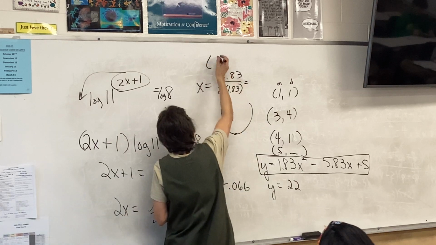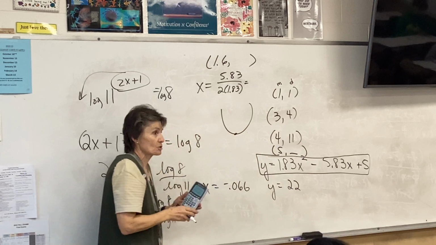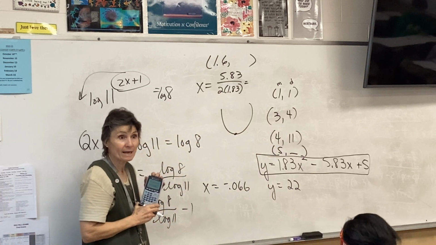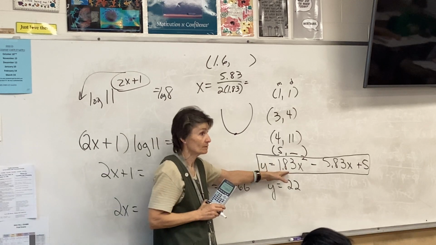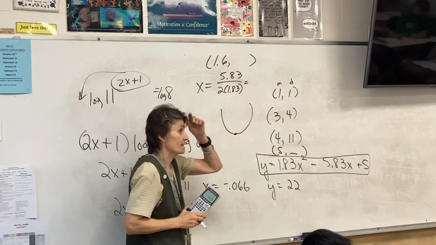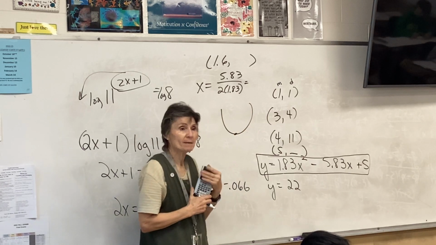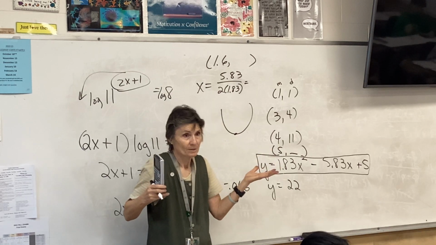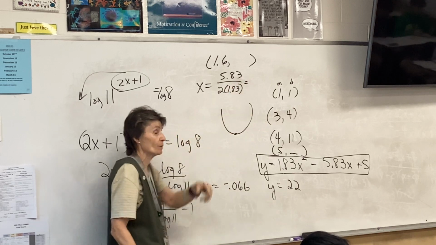And again, this problem isn't making sense because I made it up, but that would be the x coordinate of the vertex. How do I find the y? Just plug that in exactly the way I plugged in the 5, only plug in 1.6. So again, if you have your calculator and you need a minimum or a maximum, go ahead and graph it, that's fine. If you don't have a calculator, then you need some other kind of mechanism to do it.